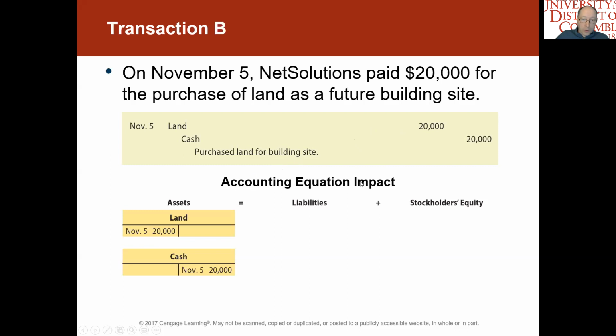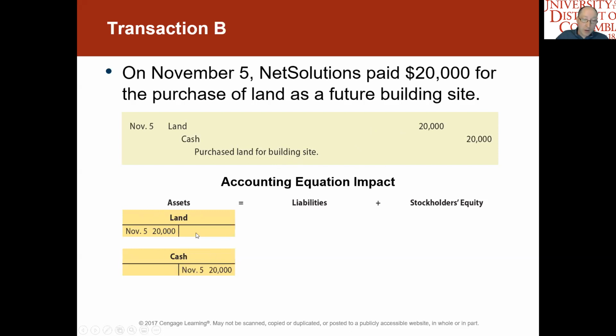Okay, and then of course, looking at the accounting equation impact, we're only impacting two asset accounts. We debit our land account for $20,000, and we credit our cash account for $20,000 because we paid it in cash. The accounting equation is still in balance. Why? Because we're increasing our land account, decreasing our cash account.